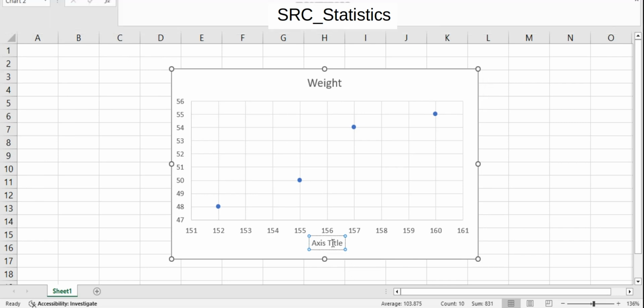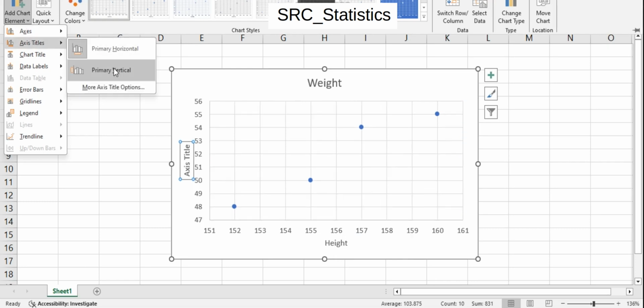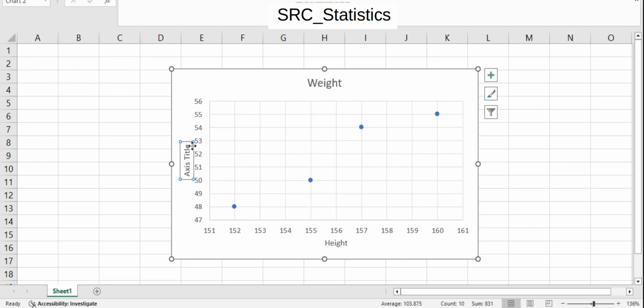Okay, and here we write down the axis title, height. Okay, and then we go to chart design again, add chart elements, and from axis title we choose the primary vertical, and then along this vertical axis we write down weight.